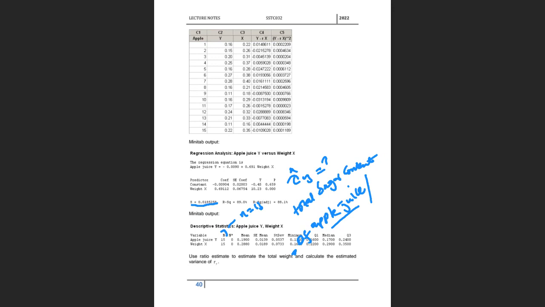Then from there, they say calculate the estimated variance of that estimator. So in other words, you have to find the estimated variance, the variance estimate of that estimator. That's it. Then later you have to place a bound. Okay. So you know how to place a bound.